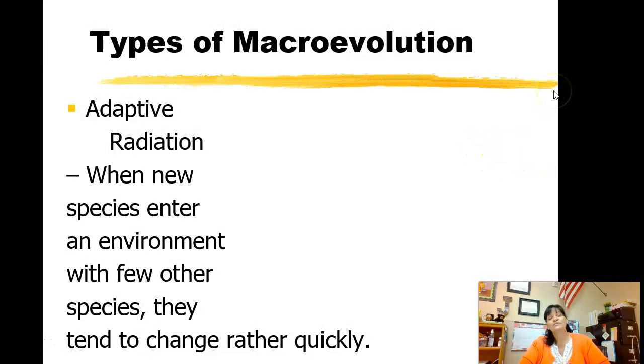Another type of macroevolution is adaptive radiation. So this is when new species enter an environment with few other species. They tend to change rather quickly. And maybe it's the fact that they're not having to compete so hard for food, right? They've got a food source there, and so we'll use the birds, for example.